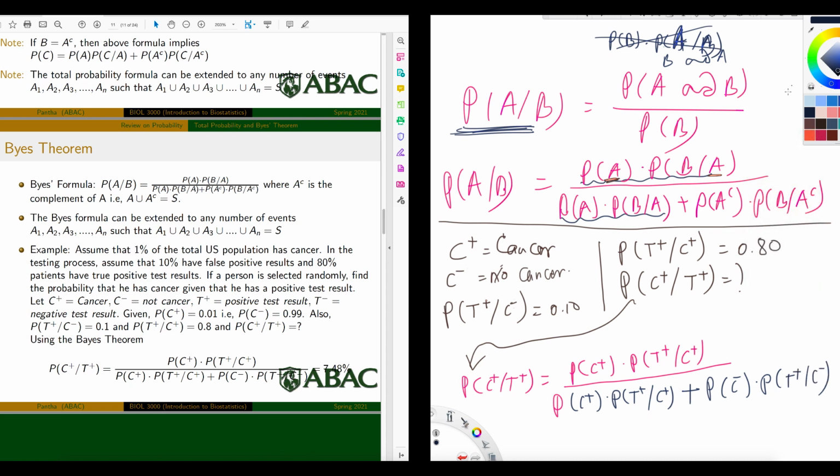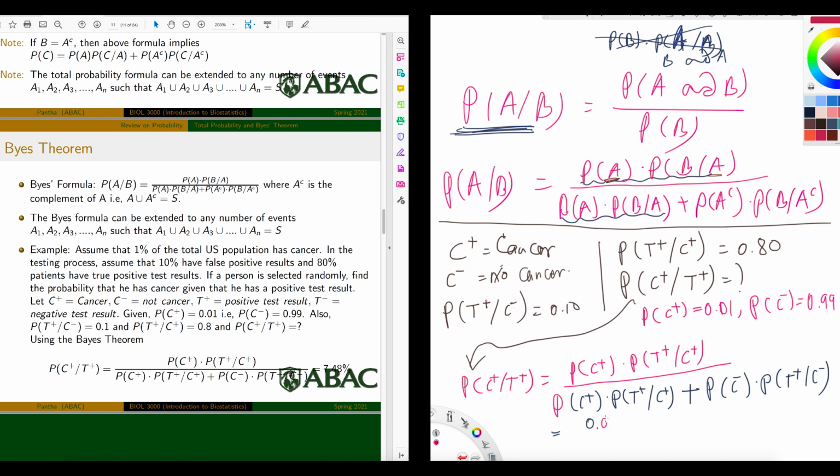So all the values are given there. Let us plug in the values. What is C plus? Oh, by the way, I forgot to write that. What does the 1% mean? Probability of C plus is 1%, right? Let me write that here. Probability of C plus is 0.01, that is 1%. Probability of C minus will be 0.99, 99% are negative, right?